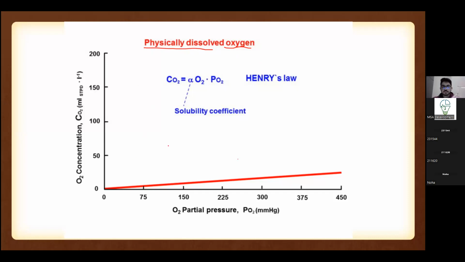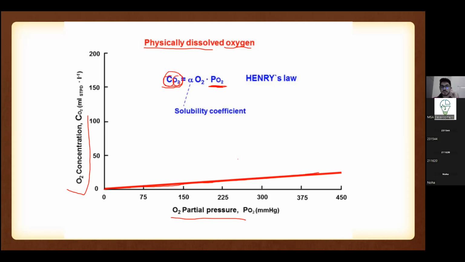In this graph, the hemoglobin was removed, and we are discussing only the physically dissolved form. This graph shows the partial pressure against the O2 concentration, and this line shows the amount of physically dissolved oxygen. According to Henry's law, an increase in PO2 is going to cause an increase in the concentration of O2.